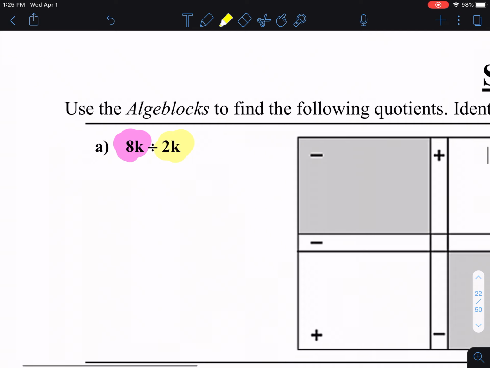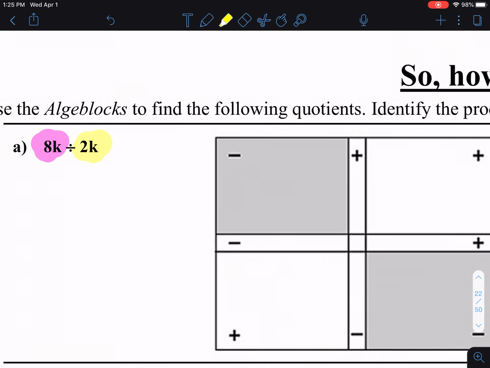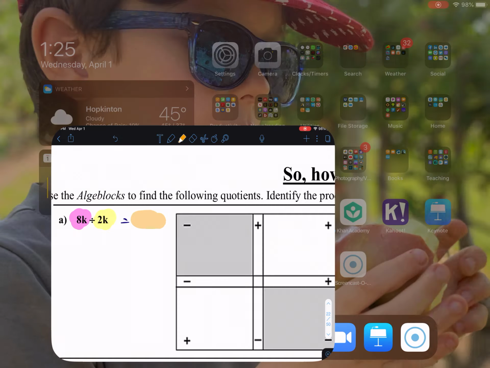So let's see what would happen if our product is 8k and we want to divide by 2k. So one of the factors we want to be 2k, and then what we're looking for is the other factor. So let's go up to our Algeblocks and see how that would look. So 8k divided by 2k.